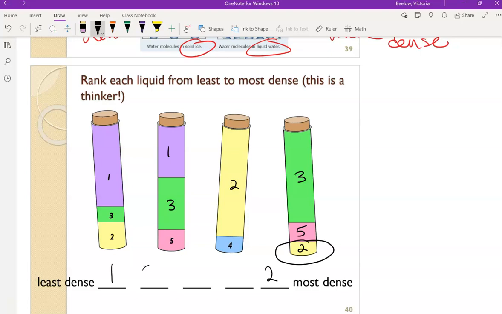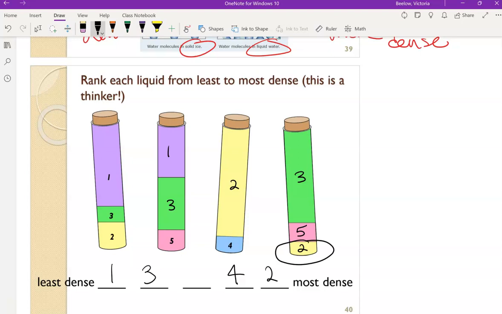And then that's going to be followed by number 3, because 1 is less dense than 3. 3 is more dense than 2. And then 2 is more dense than 4.